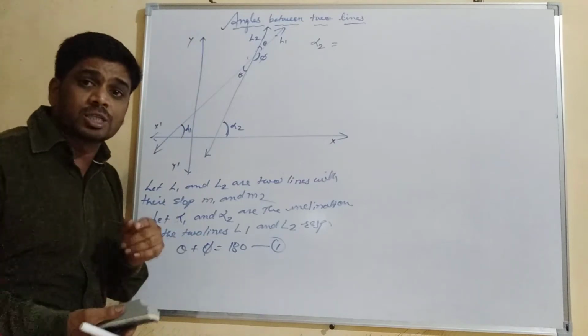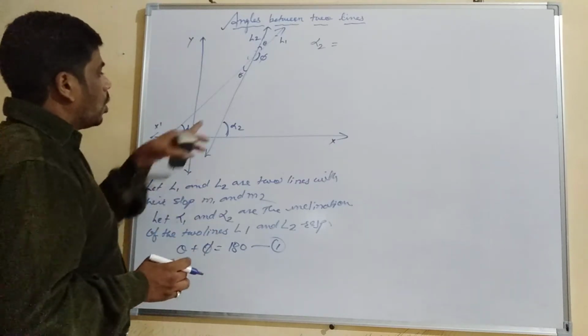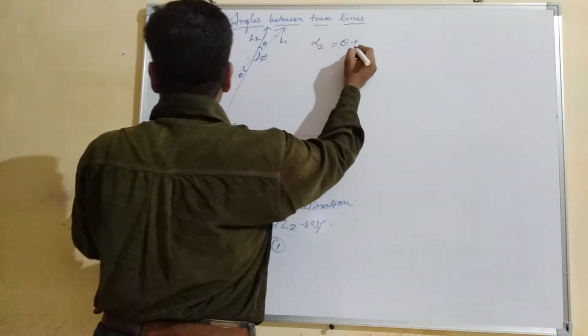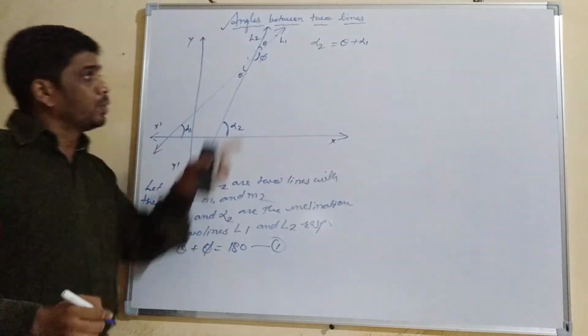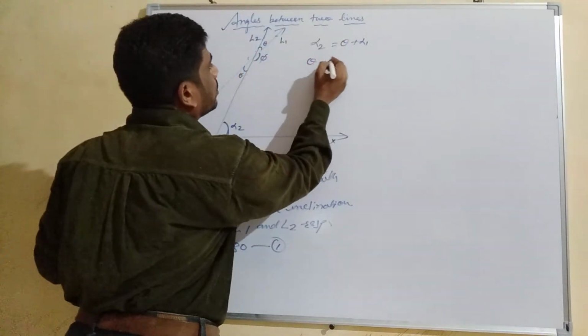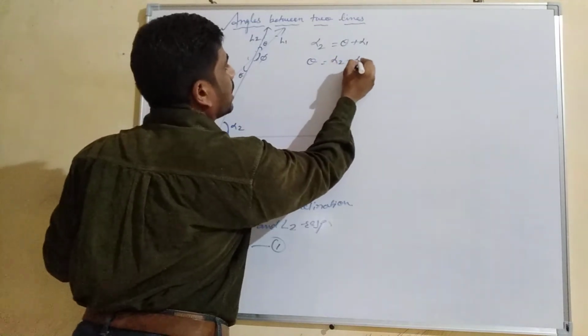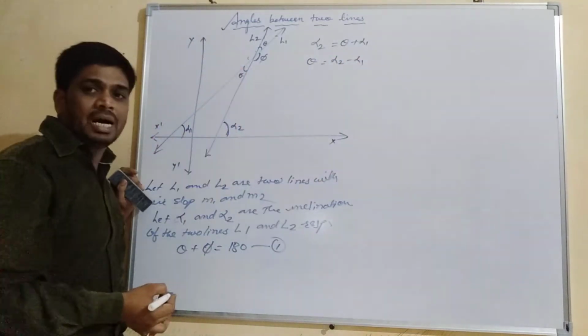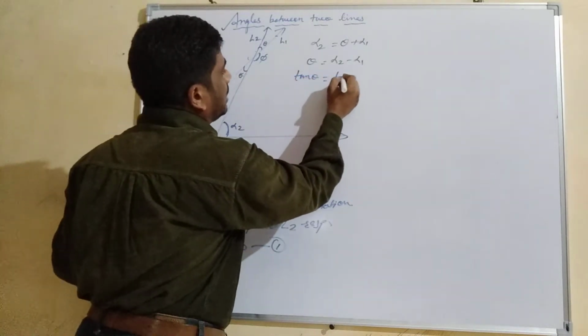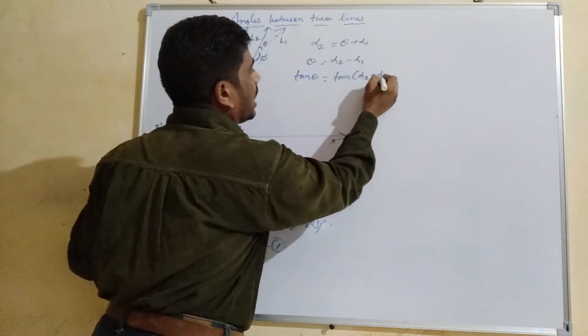The exterior angle is equal to the sum of the two interior opposite angles, which means alpha 2 equals theta plus alpha 1. If you want to find the theta value, we shift alpha 1 to this side. So theta equals alpha 2 minus alpha 1. And suppose we take tan on both sides, so tan theta equals tan of alpha 2 minus alpha 1.